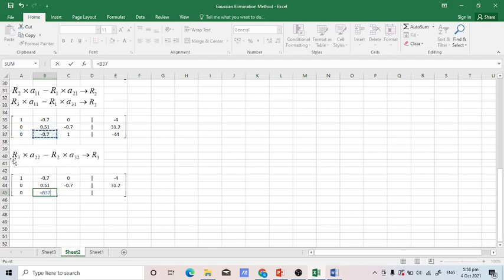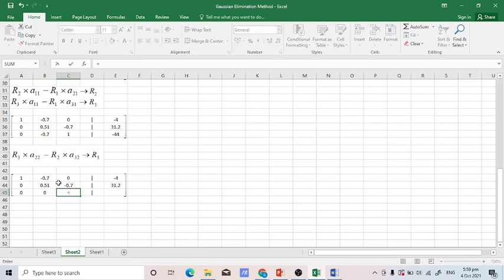R3 second element negative 0.7 times A22, ito yan, A22 minus R2 second element, yun pa rin, 0.51 times A32 negative 0.7, A32. Enter. Pwede naging 0 siya, right? Yun talaga ang goal natin, maging 0, right?